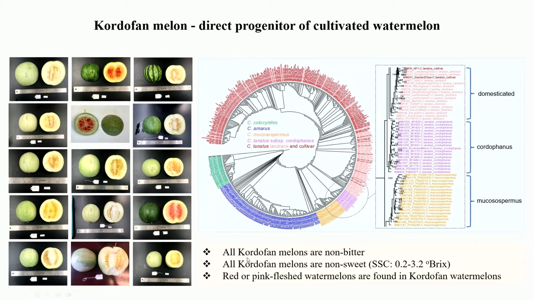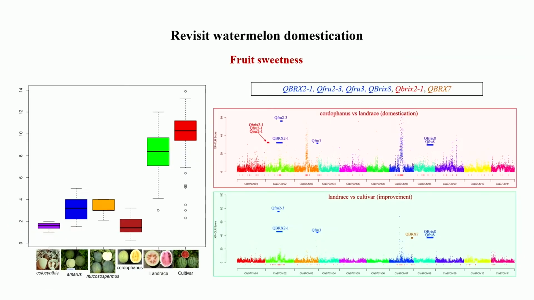We found that these 15 Kordofan melons and the other 3 sequenced previously, 18 in total, clustered into one monophyletic clade very close to the domesticated watermelon. This provides additional evidence that this is an independent group and could be the potential direct progenitor of cultivated watermelon.